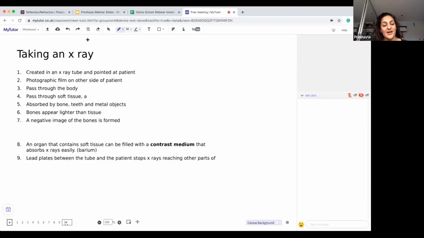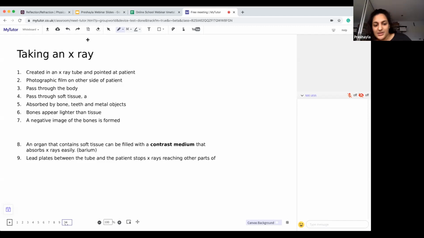The black areas are where X-rays have hit the screen. So if you've ever seen an X-ray, you'll notice that you've got white and black areas. The white areas show the bone. And the white areas are not because X-rays have hit the film, they're actually a result of all of the black areas. So we call it a negative image.